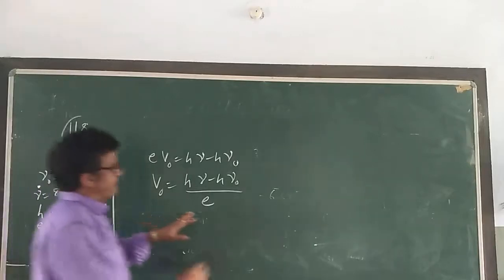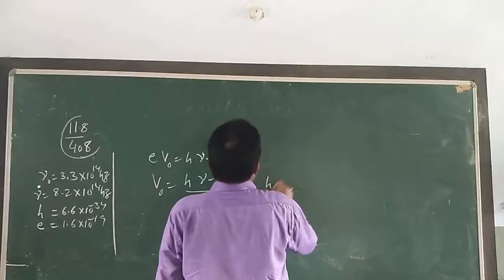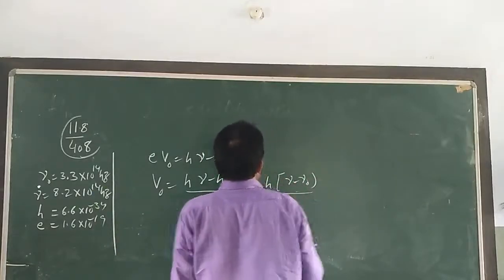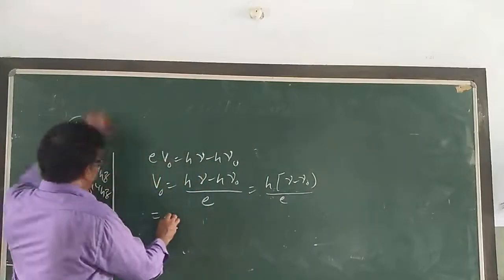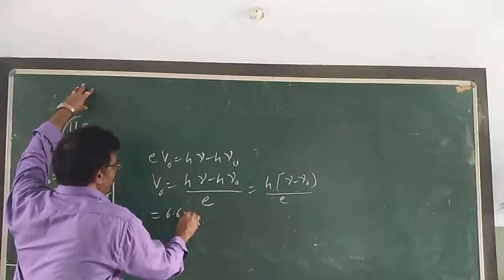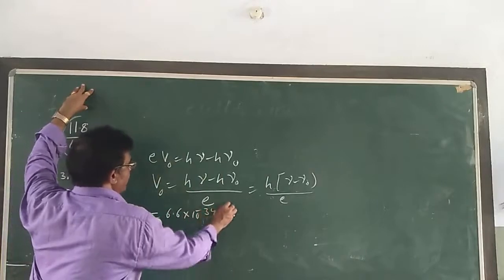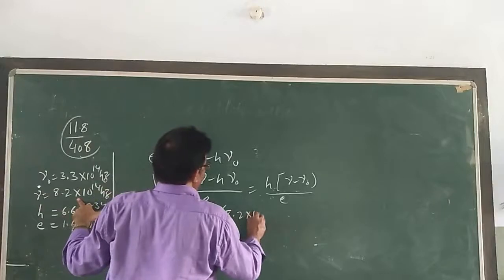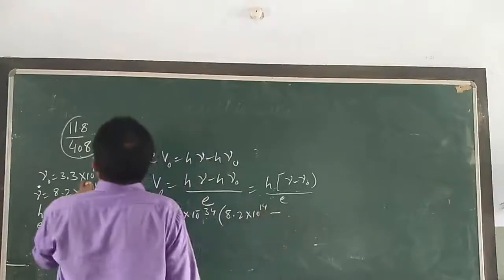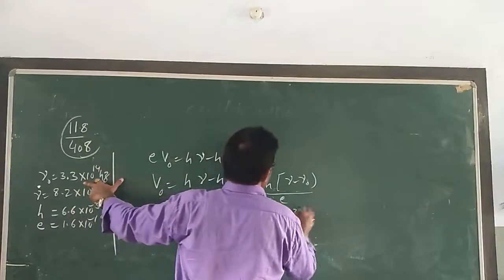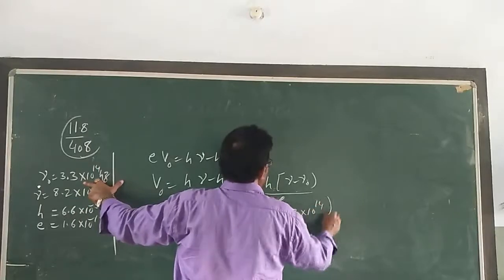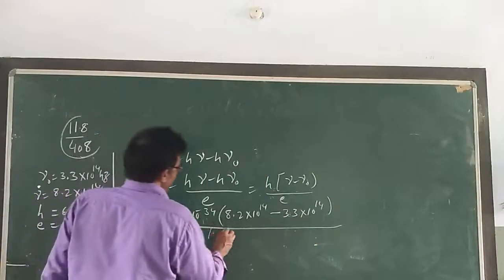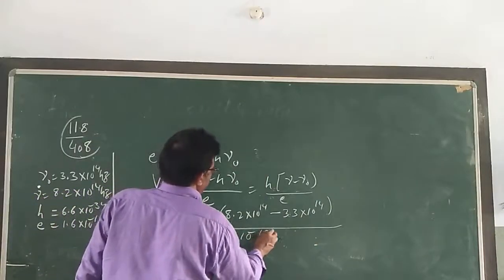So you can write here h into nu minus nu naught divided by E. Put the value of h, that is 6.6 into 10 raised to power minus 34. Nu is equal to 8.2 into 10 raised to power 14 minus nu naught is equal to 3.3 into 10 raised to power 14, divided by E, that is 1.6 into 10 raised to power minus 19.